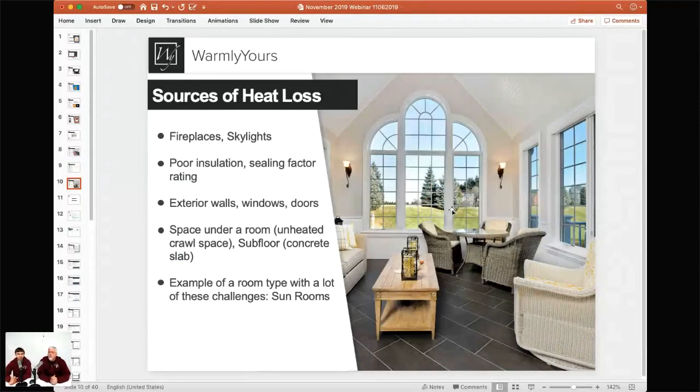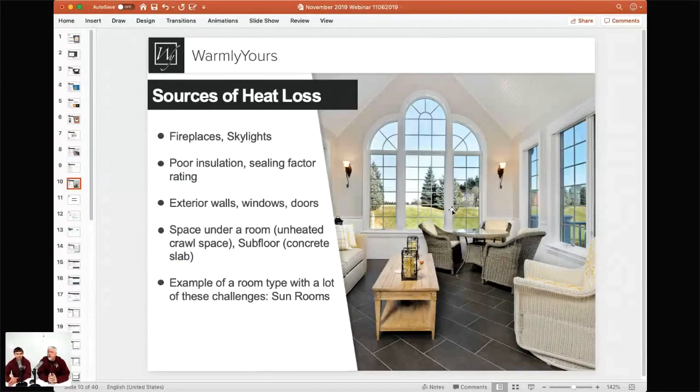In this particular sunroom or 3-season room, you have at least 3 exterior walls, looks like. So that's, again, going to contribute to the heat loss because you're losing heat through the walls. That's as simple as that. Space under a room, if it would be like an unheated crawl space, that's where you're going to lose even more heat. So that picture here is really kind of having a few of these monsters.